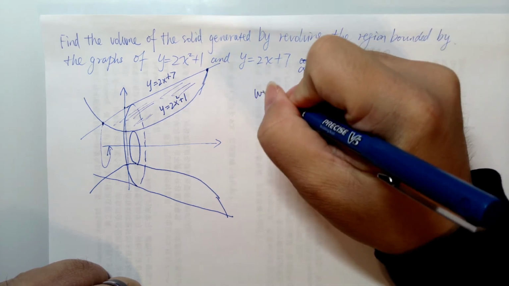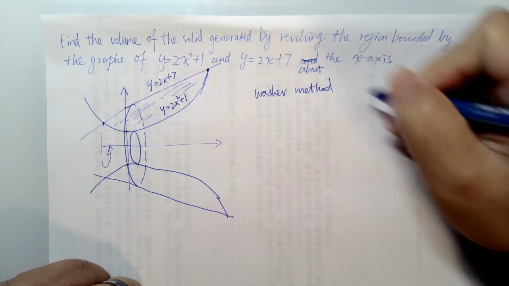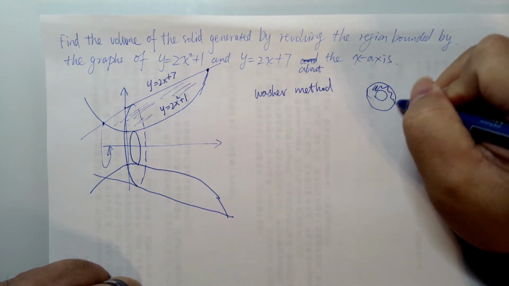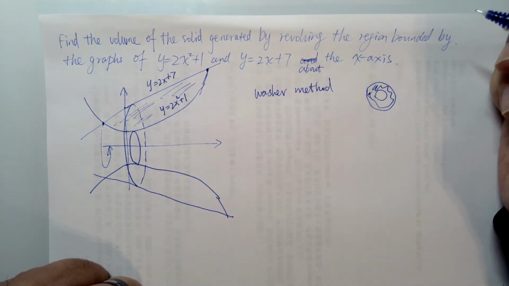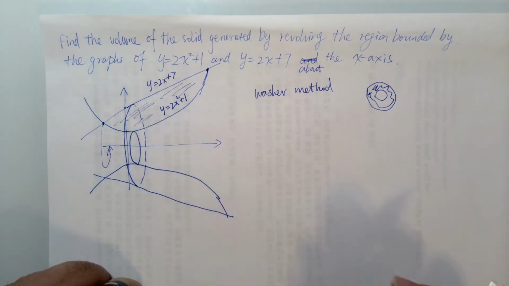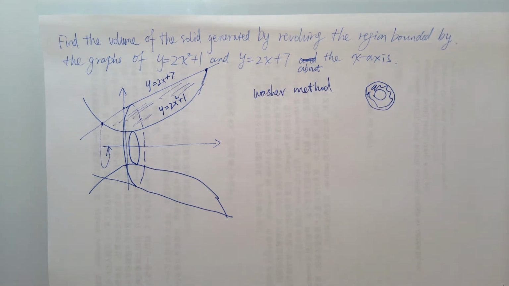We're basically looking for the area of this band of this cross section, and then we integrate it from the start to the end. Okay, so that's how we solve this problem.